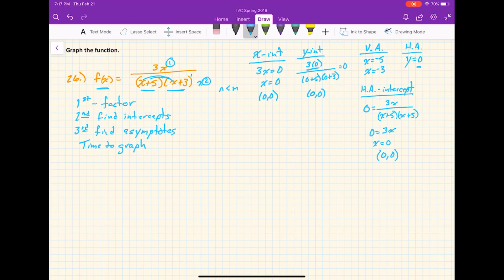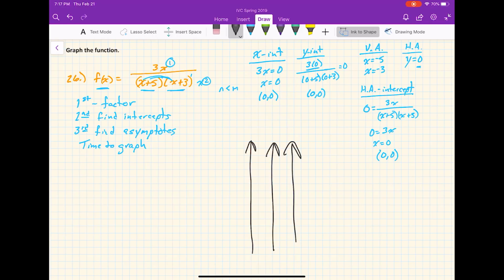I was lacking today and I didn't pre-draw my graphs. Come on, why does that make me a straight line? Oh, I need to turn on the ink to shape part.